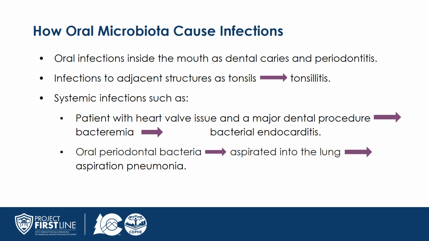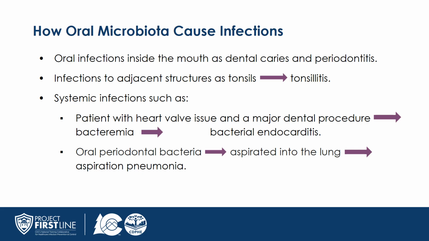Evidence and many studies are linking the role of oral microbiota in systemic infections, particularly in people with weakened immune systems. For example, a patient with heart valve issues had a major dental procedure, and due to their high risk of developing bacteremia, the oral infection led to bacterial endocarditis.